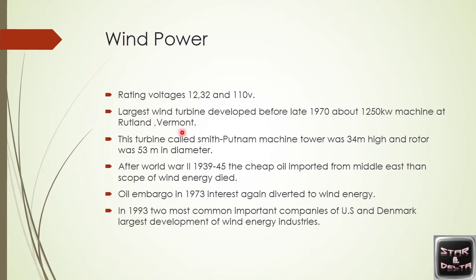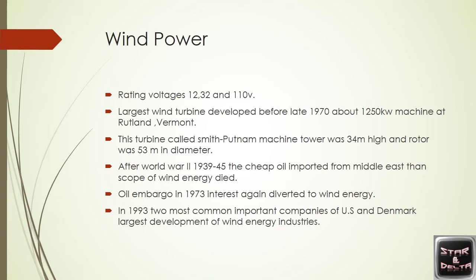A selection of 32 volt DC appliances were developed by industry to meet this demand. The largest wind turbine built before the late 1970s was a 1250 kilowatt machine built on Grandpa's Knob near Rutland, Vermont.